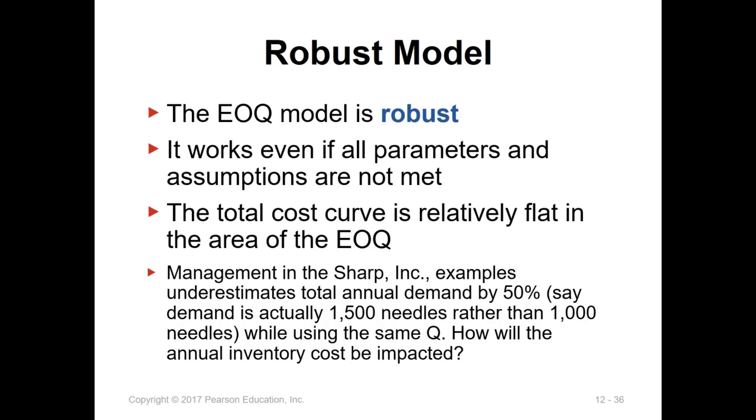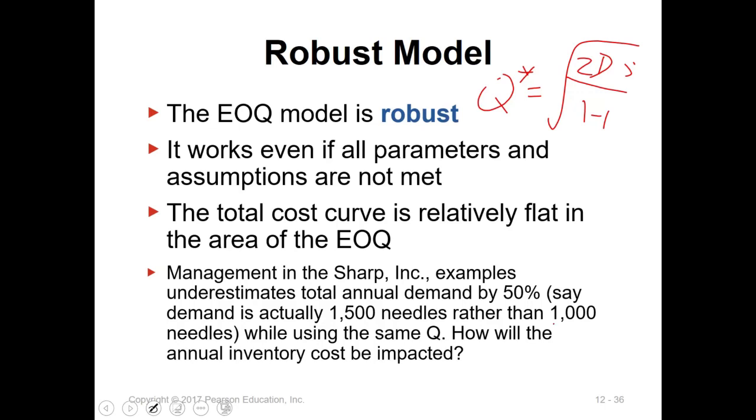Q star is the square root of 2DS divided by H. So demand is going to impact your Q level.